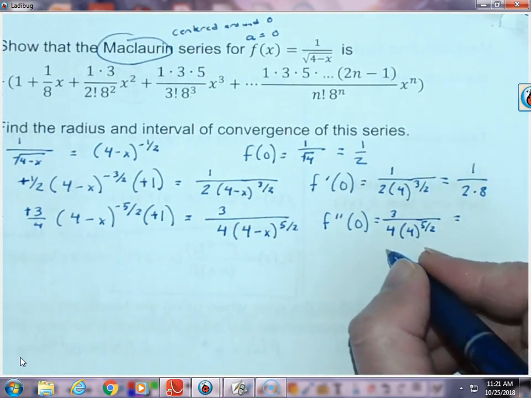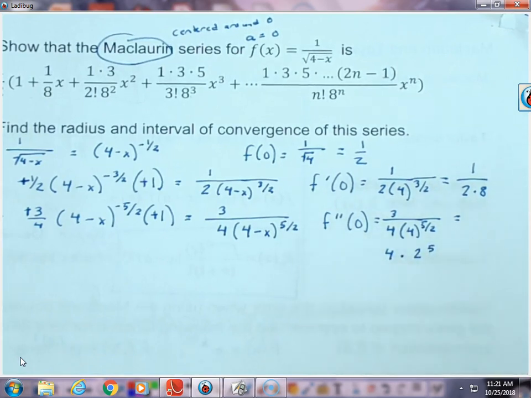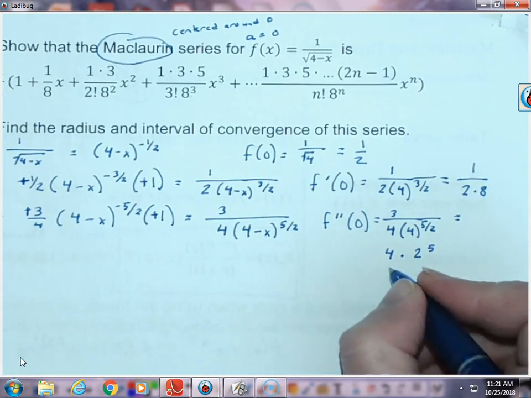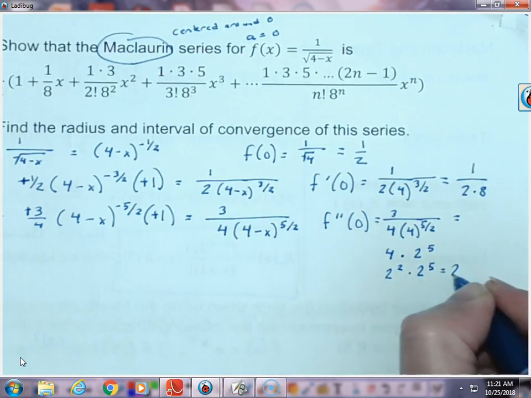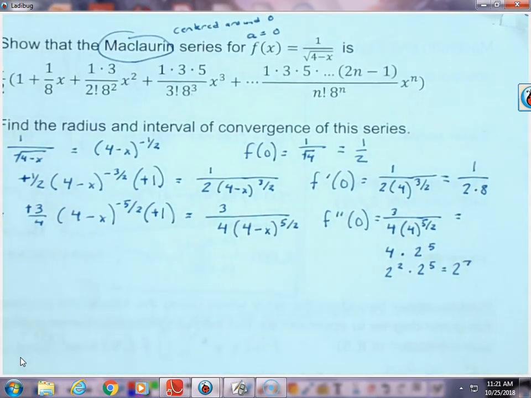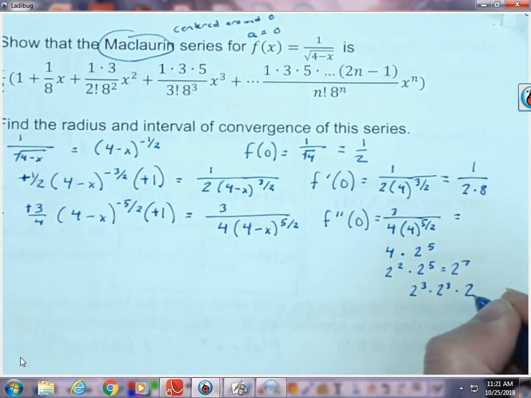So we're taking the square root of 4, which is 2, and then we're going to have 2 to the 5th. Okay, so what I've got is 4 times 2 to the 5th, and I want to get as many 8s out of that as possible. So it's like 2 squared and 2 to the 5th. So that's 2 to the 7th. How many 8s can I get out of that? 2, because it's like 2 cubed times 2 cubed times 2.